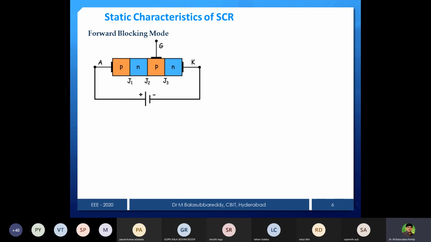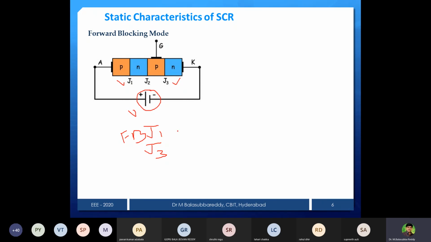So in this case, if I give the connection like this, plus connected to the anode and minus connected to the cathode, which junctions are forward biased? Now plus is connected to P, so J1 is forward biased, and minus is connected to N, then J3 is forward biased. During this instant, we can represent J1 and J3 in the forward bias condition.